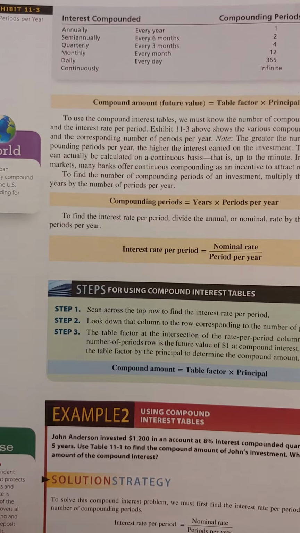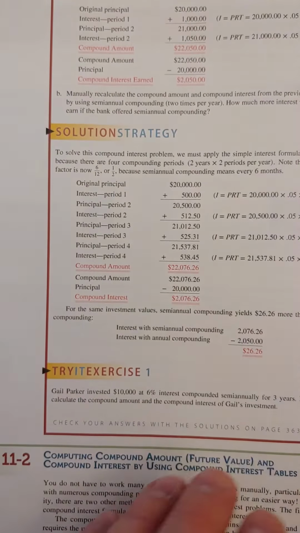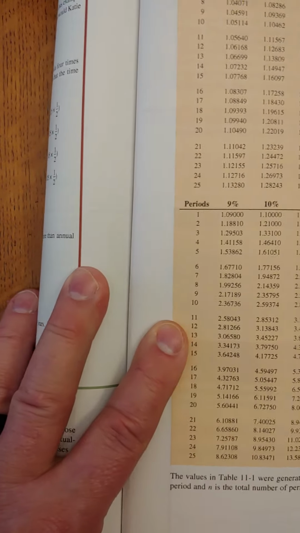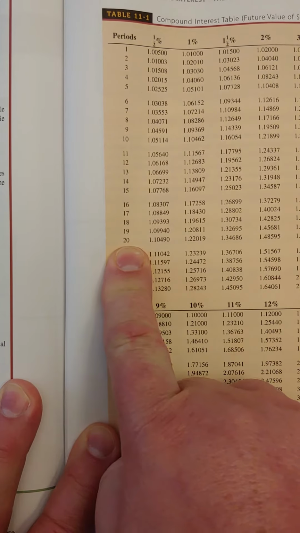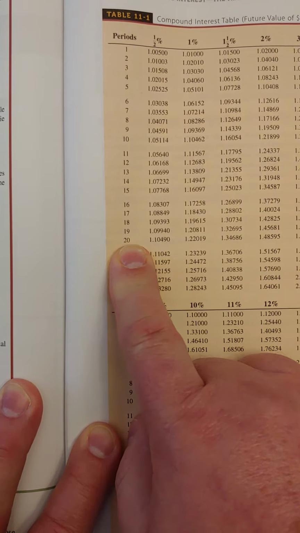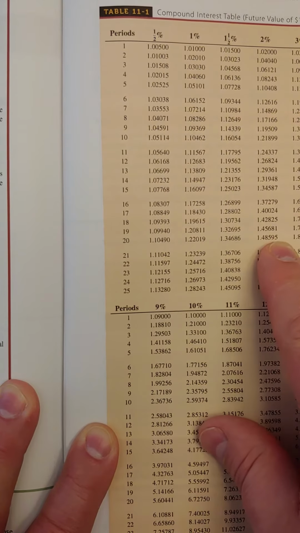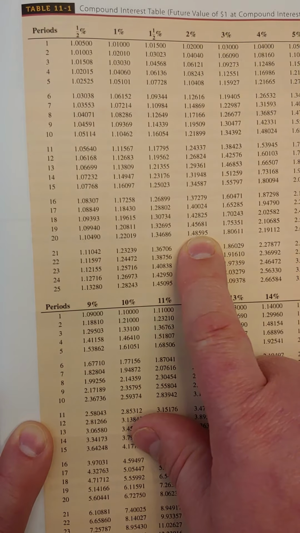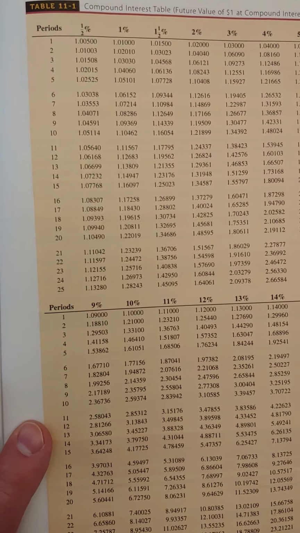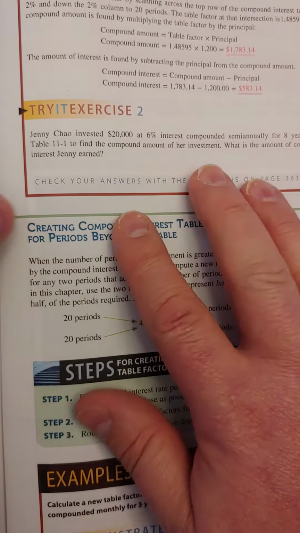So on the table, we need to find our factor. I'm going to flip back. Compounding periods, 20, and our interest rate is 2%. So you can see here, our factor is 1.48595.